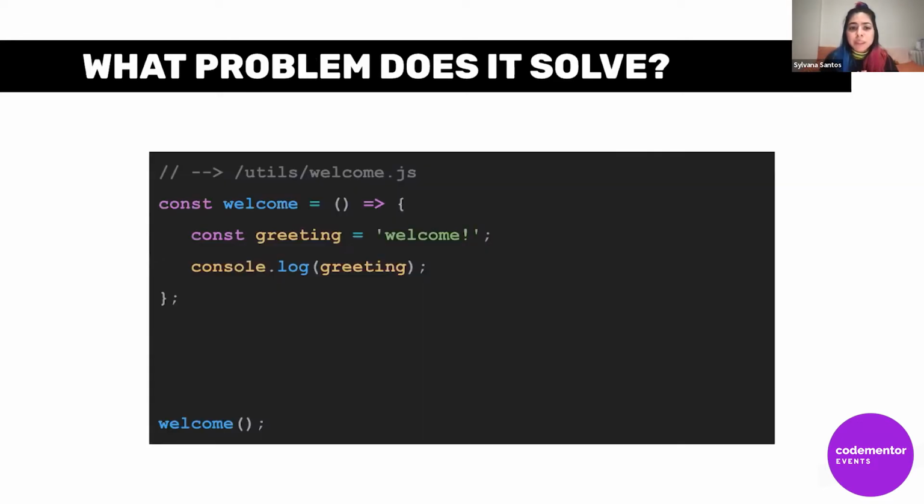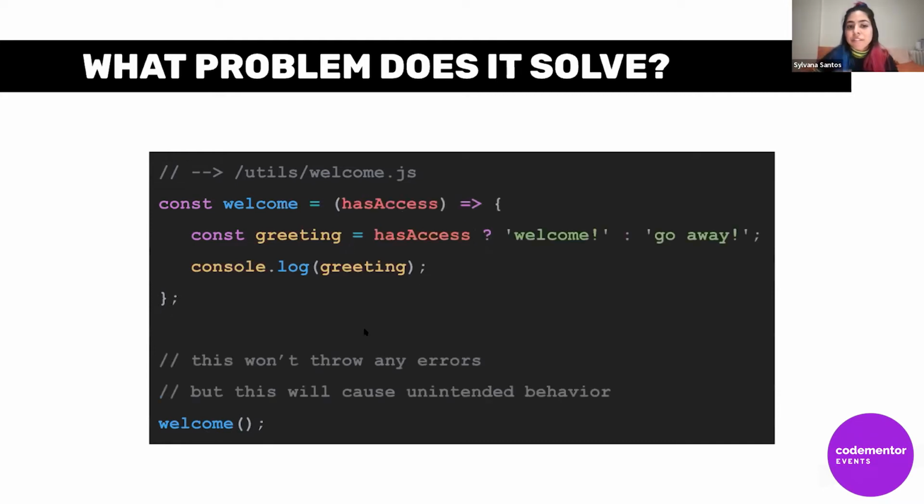So at this point, you might be thinking, well, I'm already writing React applications with pure JavaScript and it's going just fine. So why do I need to go through the trouble of adding TypeScript to my projects? Well, let's take a look at a scenario that you might have run into. Let's say that we have this function called welcome. It doesn't take in any parameters and it just logs a greeting, which in this case is just welcome. And so then somewhere in our code, we call this function, we don't give it any parameters, and all is good, working as expected.